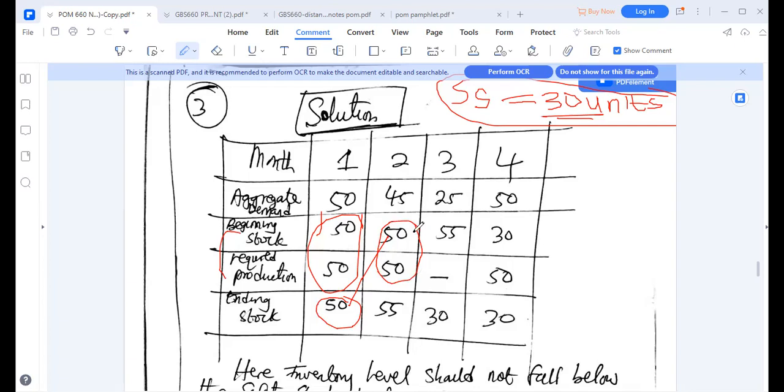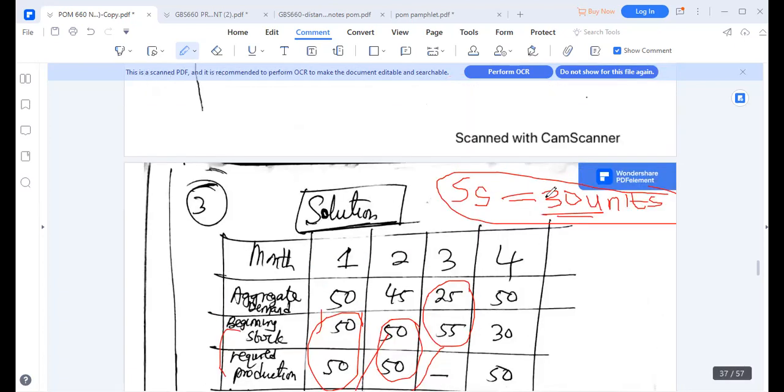So 55 is the beginning stock. 55 to meet 25, we're going to have 30 remaining as ending stock, which is okay, because it's at par with the safety stock, the buffer stock. It's more like when you get paid, don't finish all the money. You make sure that you have something in reserve, so that you don't starve.